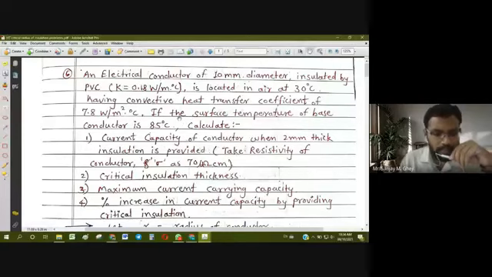And to decide the condition, to get that criteria, we use the concept of critical radius. So critical radius means it is that radius of insulation for a pipe, that is a cylindrical object or a sphere, that value of radius which gives maximum rate of heat transfer, and we certainly want to avoid this situation.